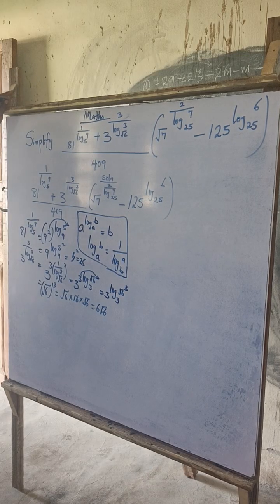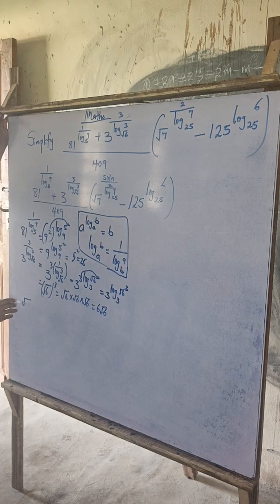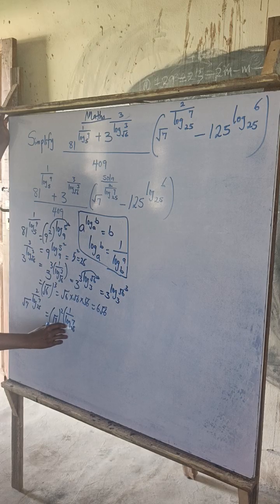So now, we are going to simplify this also. We have root 7 raised to power 2 over log 7 to base 25. Now factorize 2 out: we have 2 times 1 over log of 7 to base 25.